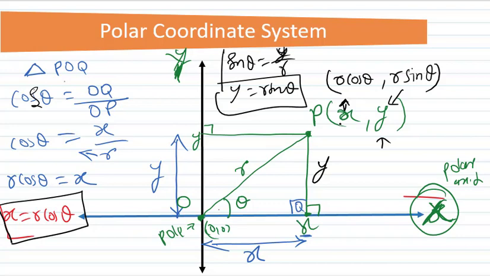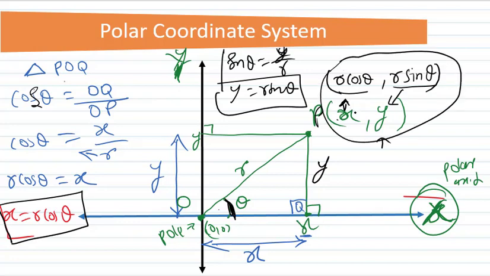So just remember, in the Cartesian coordinate system, the location of point P is x, y, and by using the polar coordinate system, the location of P will be r cos theta and r sin theta, where r is the distance of the point P and theta is the angle made by this distance from the pole, that is the origin, with the x-axis.